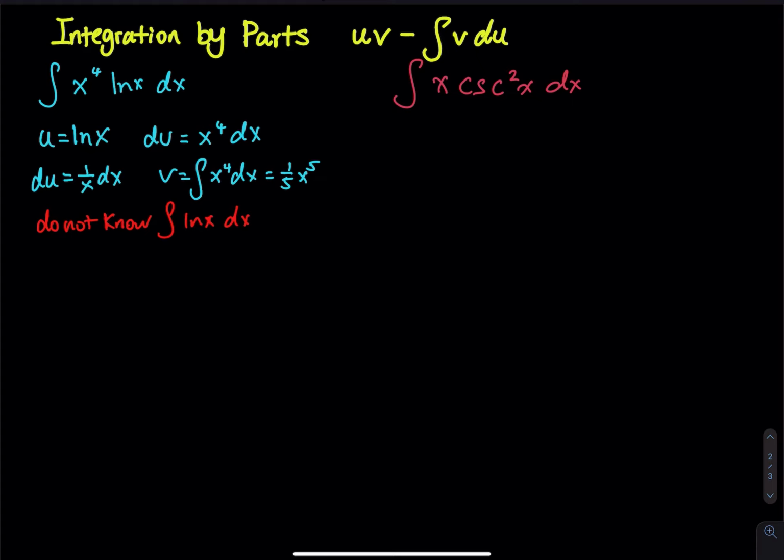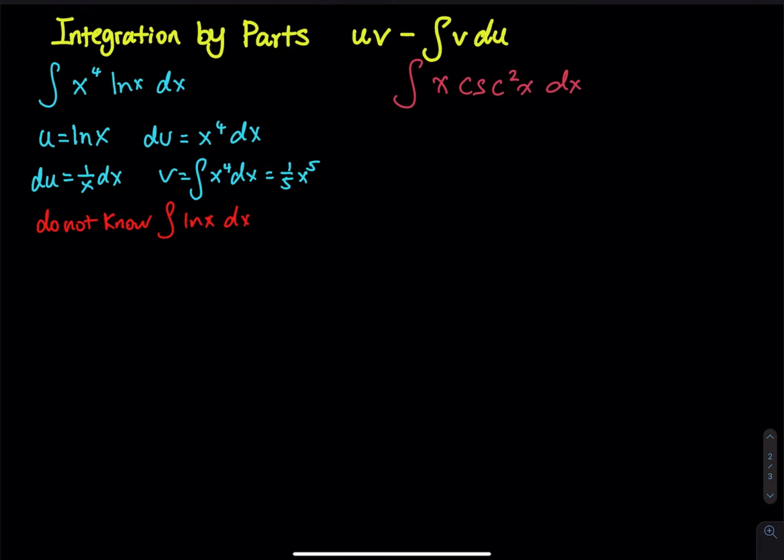So this is something that you have to avoid, finding the integral of ln x dx. You can use integration by parts to find out what that equals, but at the time we are discussing this problem, you do not know the integral of ln x dx. So we have to avoid that, and this problem is completely doable if you avoid finding the integral of ln x dx.